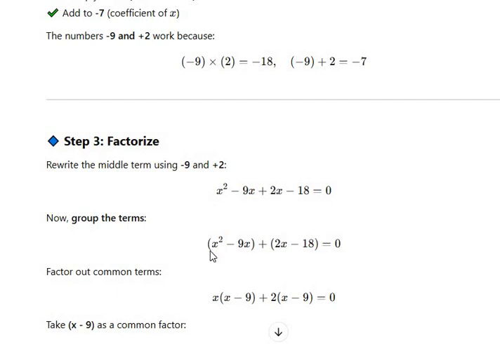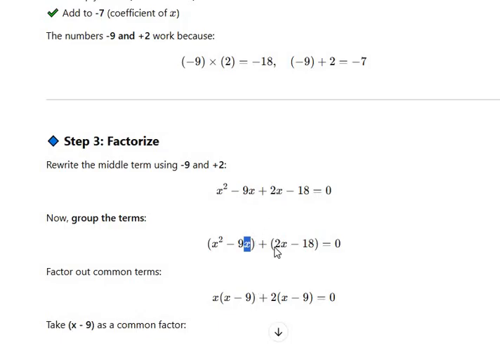Now the next thing you see is that there is an x squared and there is an x, so x is common. I will take x outside, and x squared will remain x, and 9 only remains because x we moved outside. Now you can check it by multiplying, you will get the same thing, x multiplied by x is x squared.